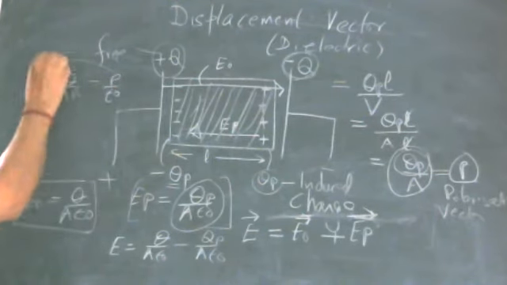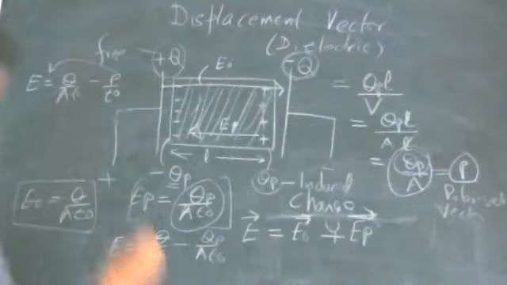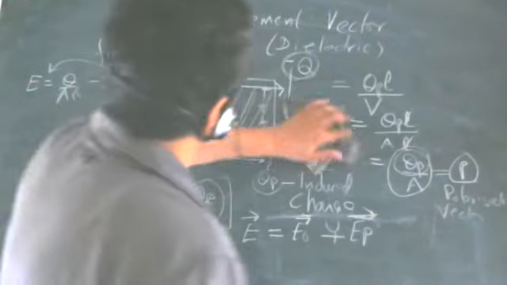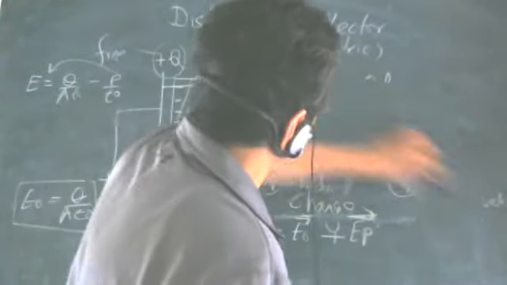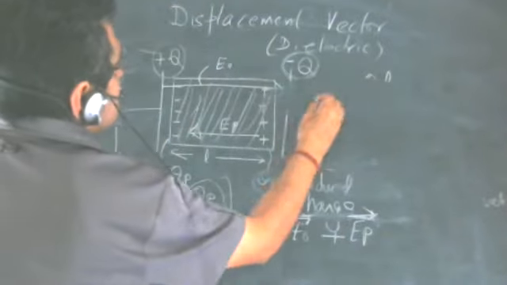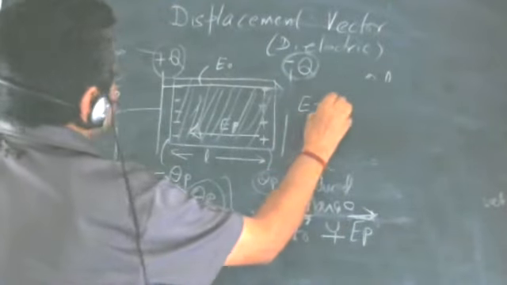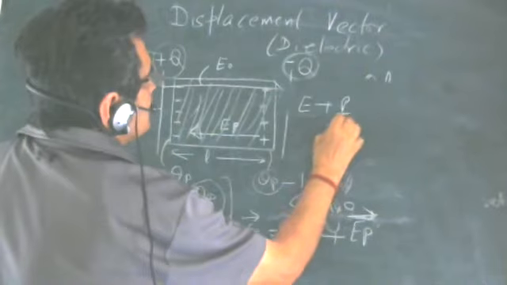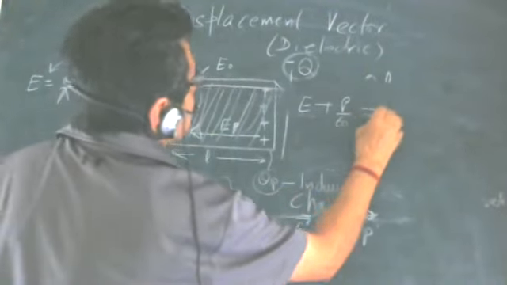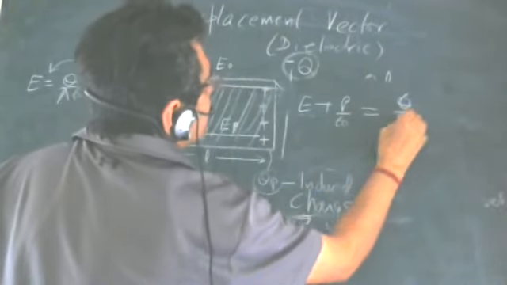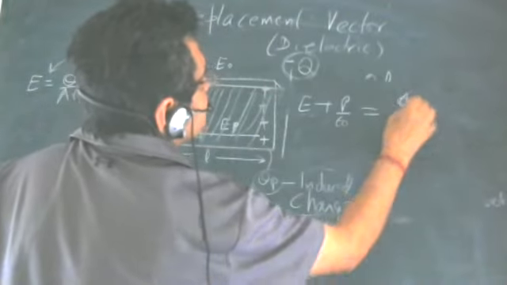Bring it on this side, let me write it here, it is more visible. E plus P upon epsilon0 is equal to Q upon A epsilon0.